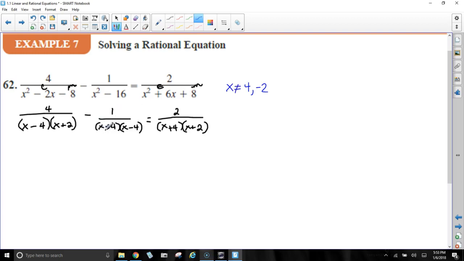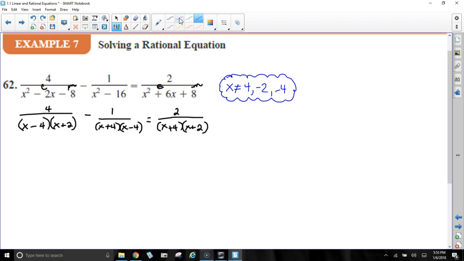We're going to restrict a negative 4 and a positive 4. I'm going to put the negative 4 up here. Positive 4 is already written there. Here, what would make this factor 0, therefore giving us 0 for that whole denominator, would be a negative 4. I've already got that above. And also a negative 2. I already have that. So these are the values that I better make sure are not in my solution set. If so, I would toss those out.